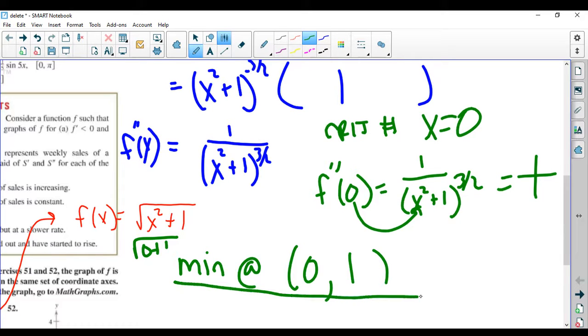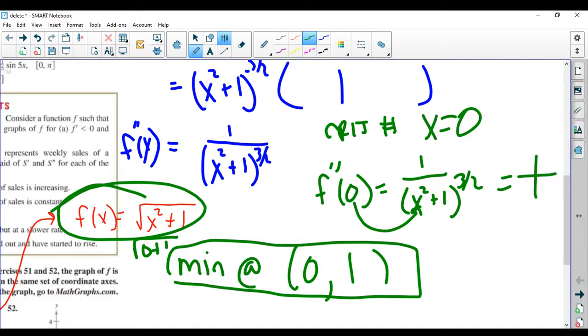We can conclude now that this function has a minimum at 0, comma 1. And then again, I would graph this on a graphing calculator or some kind of software, and you will see, I've already done it, you will see that it looks like this. This right here is 0, comma 1, and it checks.